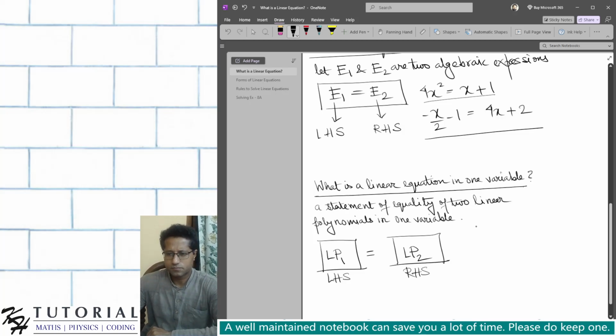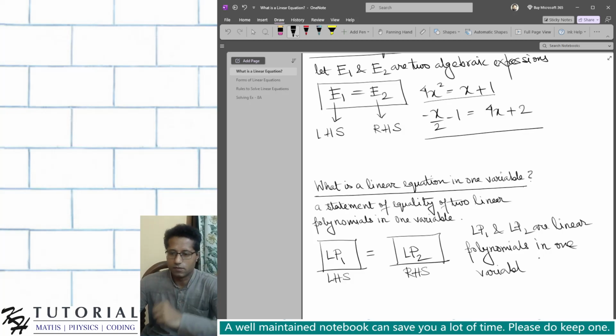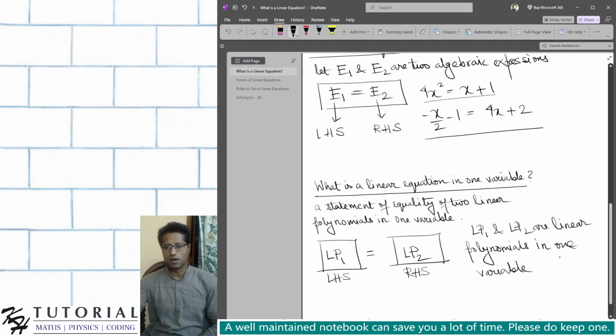LP1 and LP2 are linear polynomials in one variable, because since we have a linear equation in one variable, both polynomials on either side of the equality sign must be linear and in one variable.